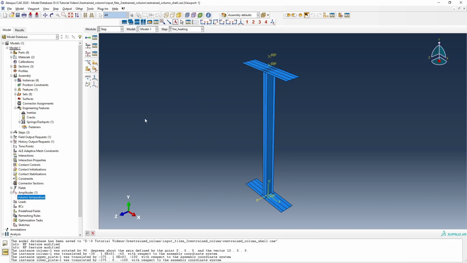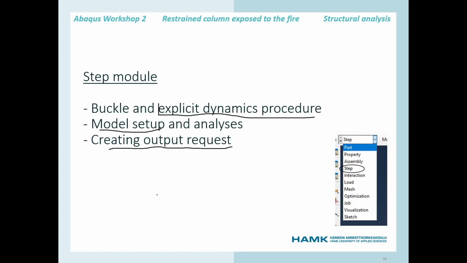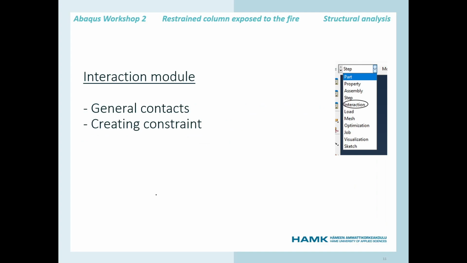So we have finished the step module also, and then we need to go to the interaction module. In the interaction module, we will create the general contacts that are necessary for the explicit analysis.